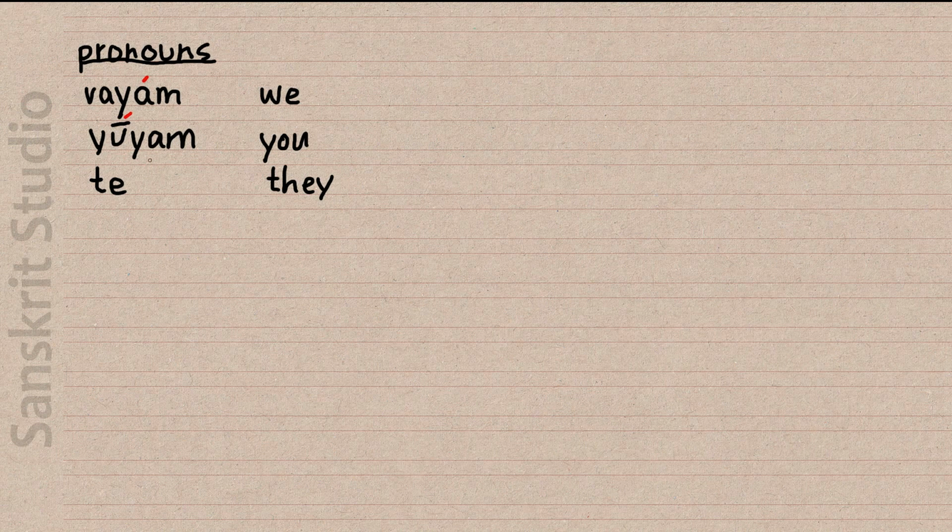All right, so that's something to keep in mind here. Now these pronouns are plural, so we can perhaps write this as a plural. It means many. So we, a bunch of people. And you, a bunch of people. And they, a bunch of people.